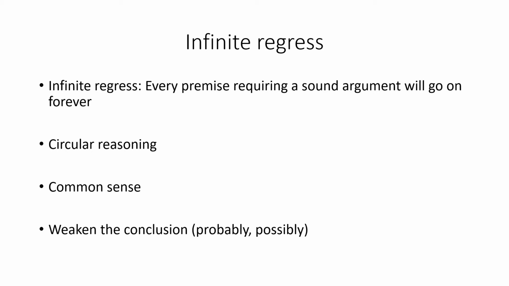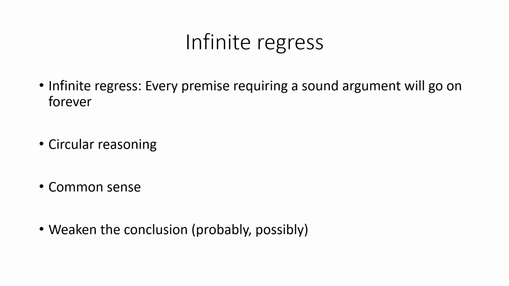The second one, very close to this, is to appeal to common sense, to say, well, it's just a matter of common sense. Everybody knows that. The problem with appealing to common sense is there have been things in the past that seemed like common sense, but after further evidence or someone giving a compelling argument, the thing that seemed to be common sense turned out to be false.